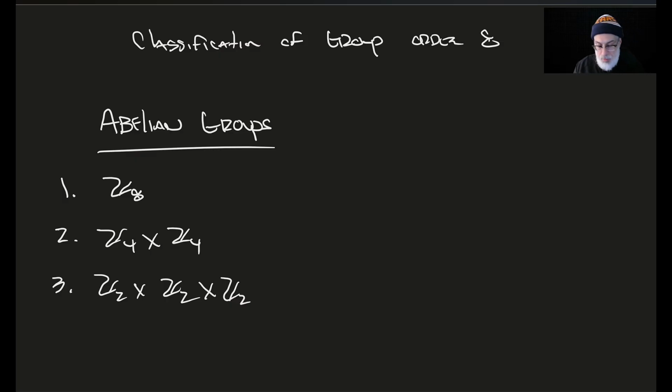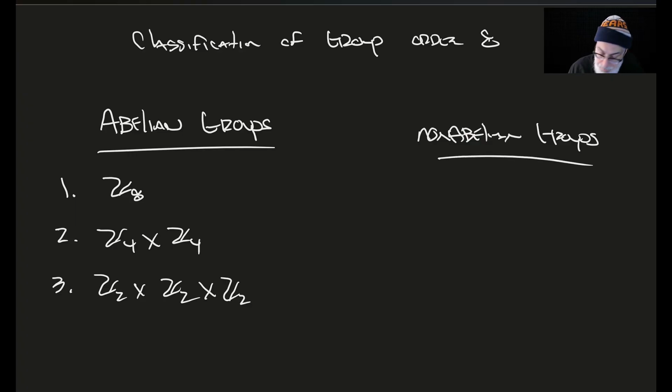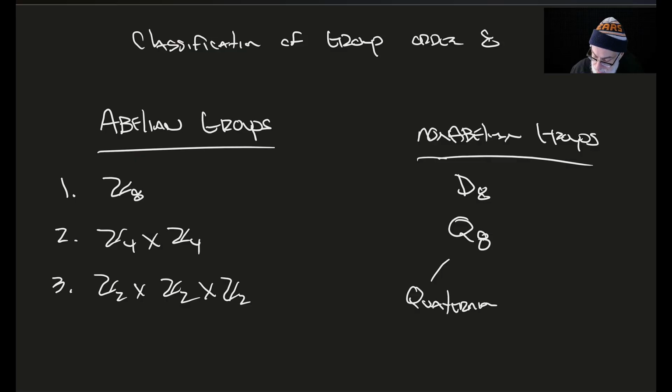So those are the 3 abelian groups, and non-abelian groups are our lovely dihedral group, D8, and an interesting group called the quaternion group, which I will explain in a second here.